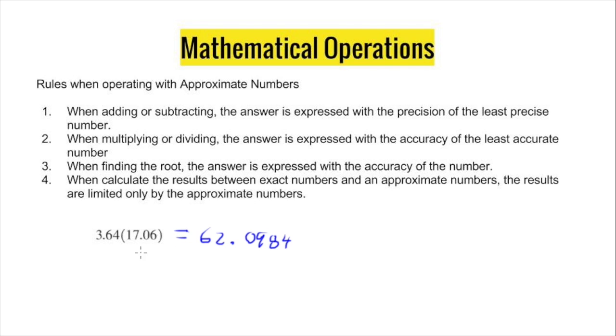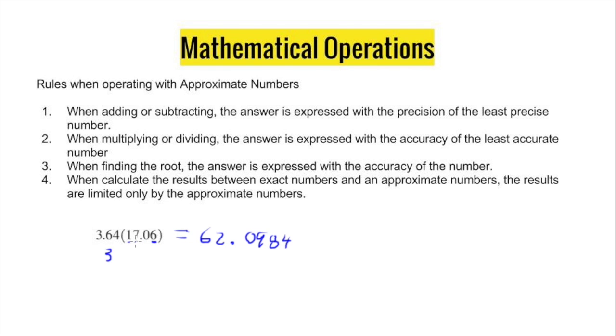So I need to look at my numbers that I began with, and I need to look at the accuracy. Remember, accuracy is just basically how many significant digits a number has. Well, this number has, we know all 3, 6, and 4, all these are sig figs, so this has an accuracy of 3. Whereas when we look at this one, we know 1 is a significant digit, 7 is, and 6 is.